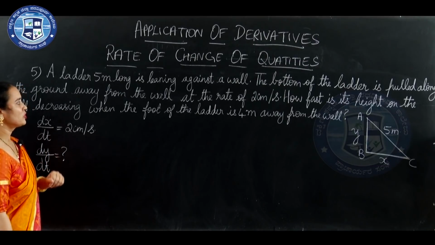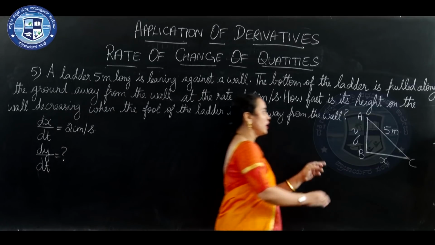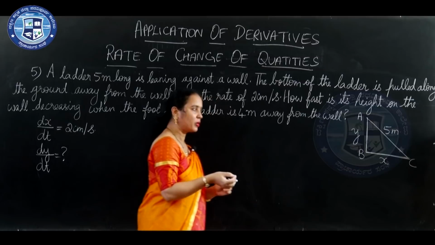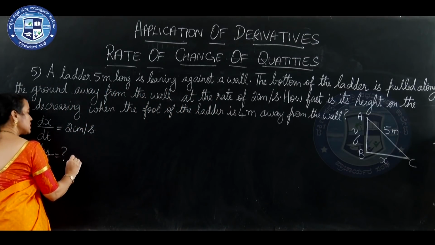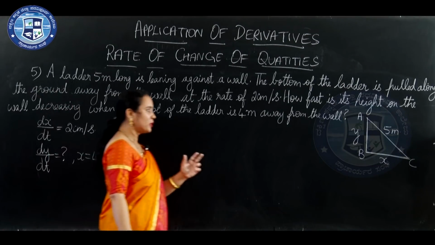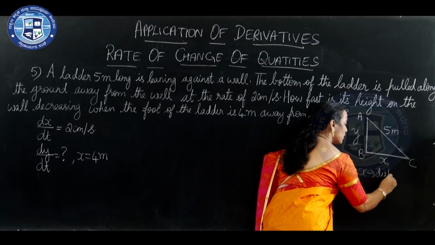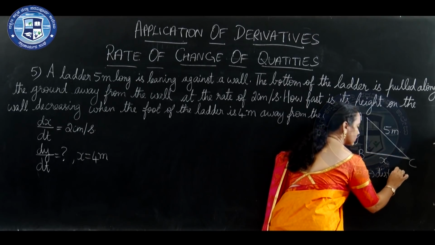When foot of the ladder is 4 meter away from the wall. Foot of the ladder is 4 meters. So, that means when x is 4 meters, what is dy by dt? So, x is given as 4 meters. Let me repeat. So, x will be the distance from the wall to the foot of the ladder.